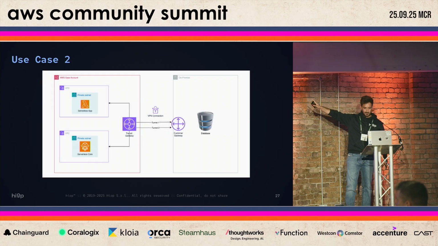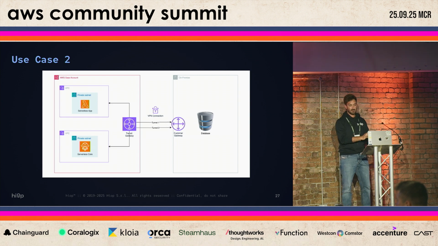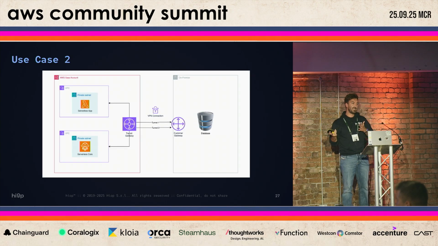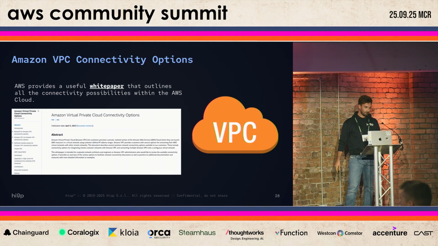So, as you can see, our use case now with the customer gateway has two tunnels. The transit gateway communicates with the customer gateway using the information stored in the VPN connection, and there are two tunnels used: the first by default, and the second for redundancy in case there is a problem with the first tunnel. In this way, you can communicate easily with another cloud or with an on-premise network.